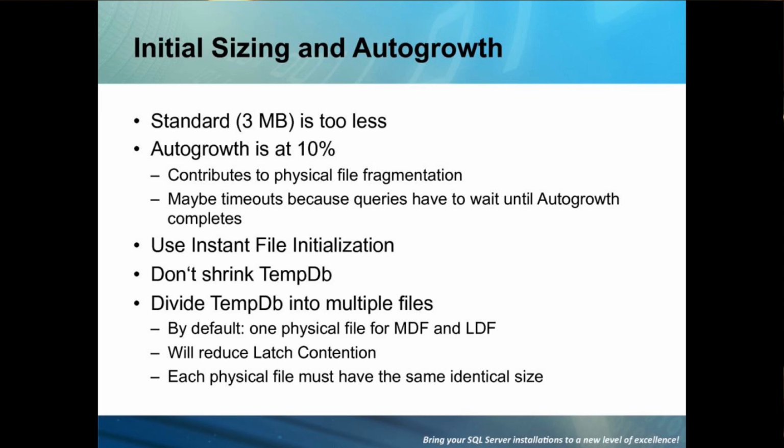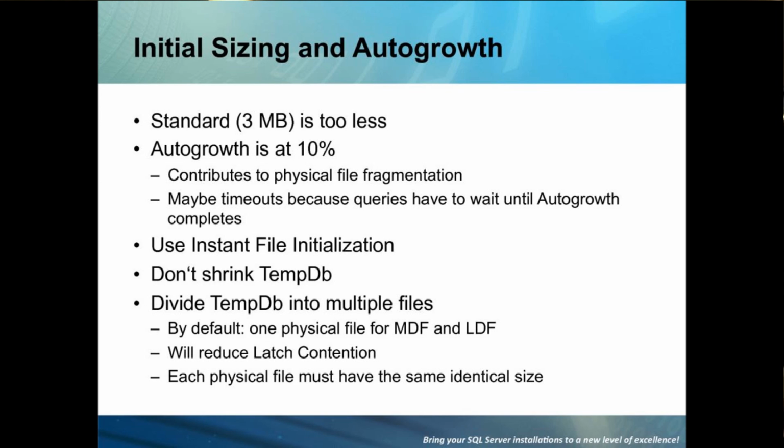And if you are autogrowing, you should make sure that you are autogrowing with a fixed amount of megabytes. By default, SQL Server is autogrowing 10%. The percentage value is crazy because your autogrowth operations are taking longer and longer over time. I just wonder how to deal with that, because even if we have the same initial size of the TempDb files at the beginning, then after a few inserts into TempDb, it may differ.